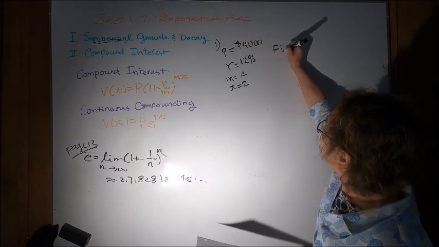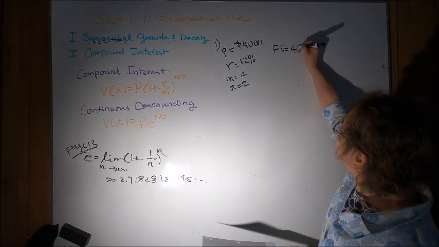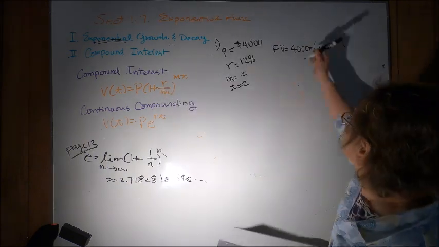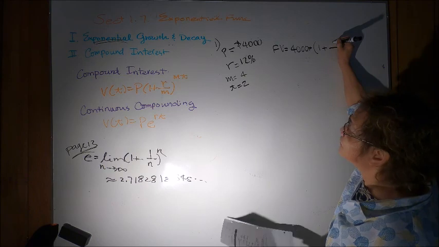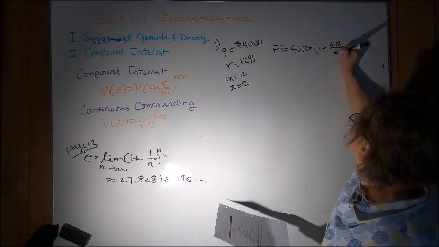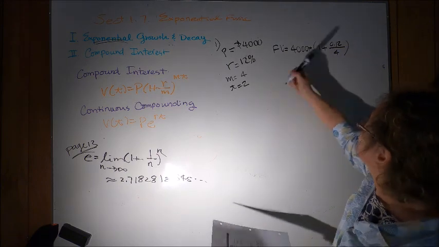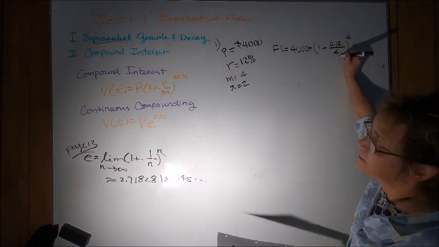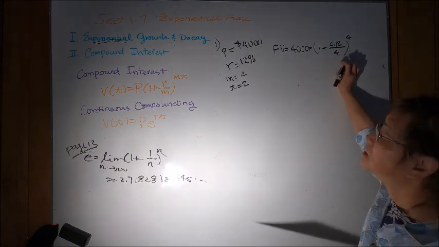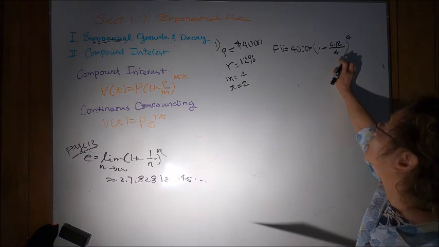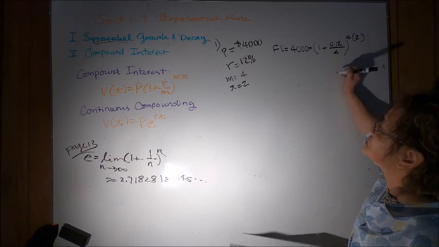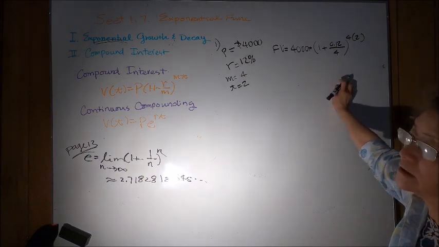So the future value would be your principal times 1 plus r, which is 12%. You change the percentage to a decimal. Your m is 4, so 0.12 divided by 4 gives you 0.03 per quarter. How many years? 2 years. So you plug in and use your calculator.